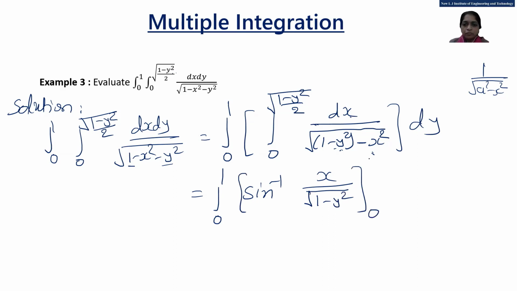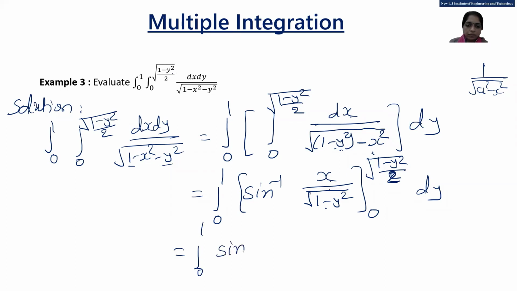Here 0 to under root 1 minus y square upon 2, dy kept the same. If I put my upper limit here, that is under root 1 minus y square by 2, so that under root 1 minus y square will be cancelled, and 0 to 1 here is what?